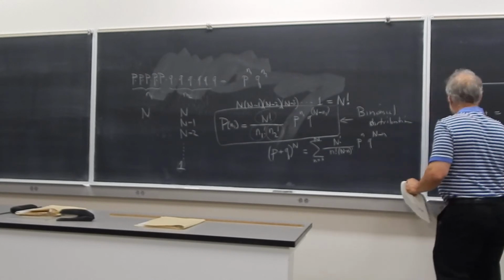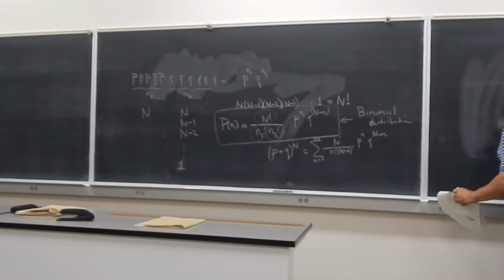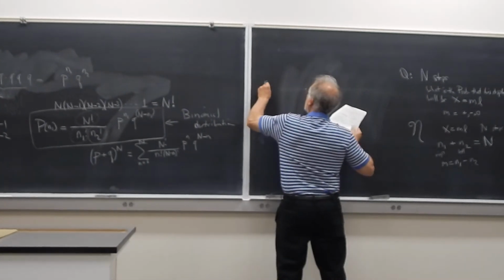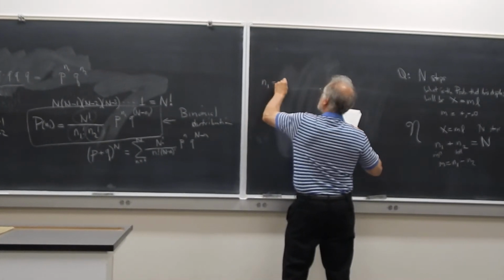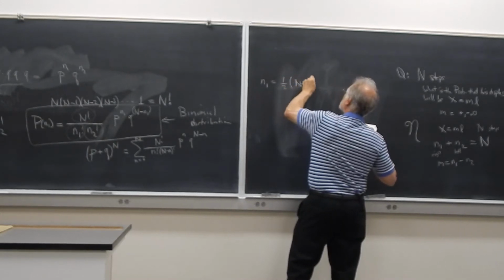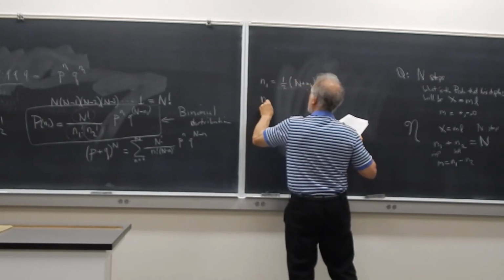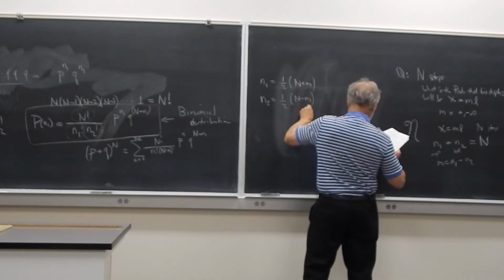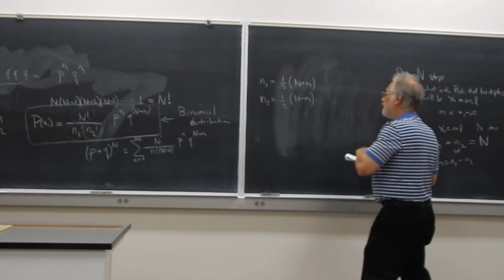Using the previous relationships, we can say that n1 would be equal to 1/2 of (N plus little m), like displacement, and n2 equals 1/2 of (capital N minus little m).